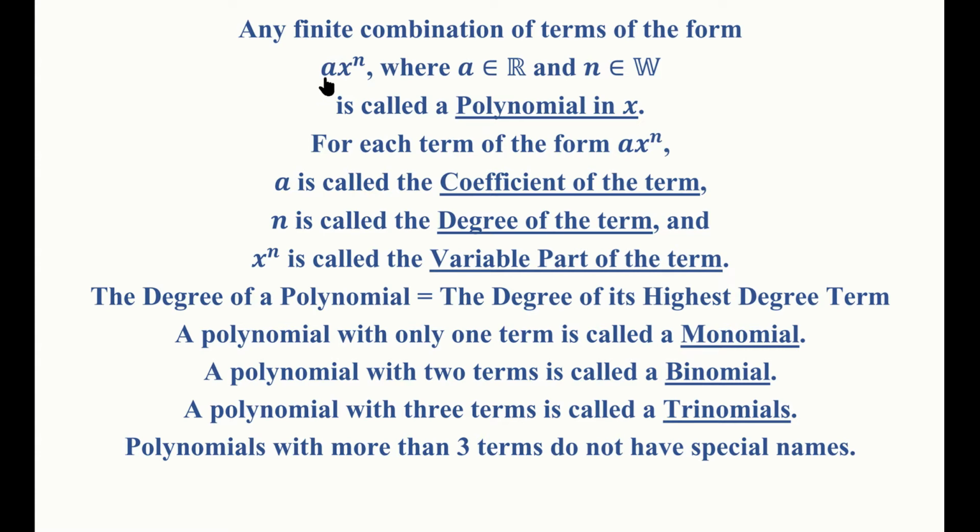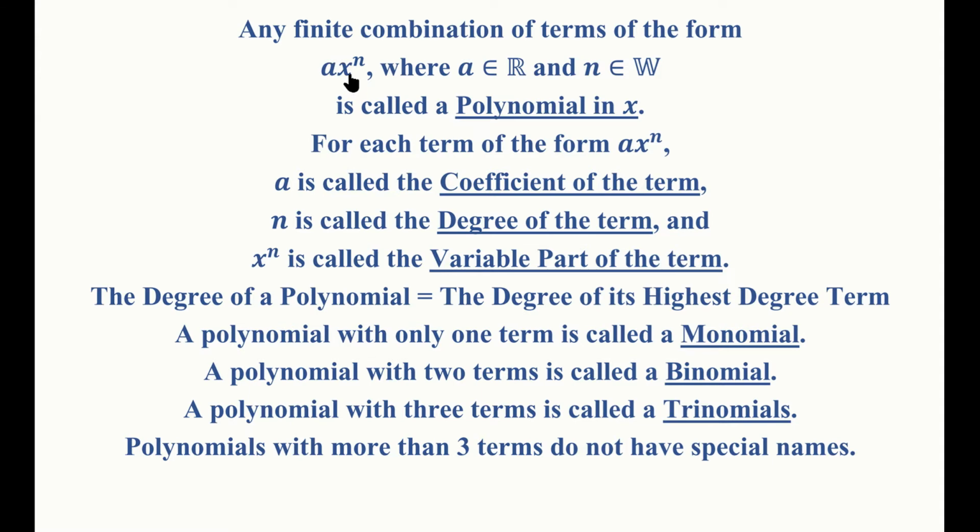So we have a constant a, which can be any real number. This notation here means a belongs to the set of real numbers. So the coefficient is the name for that number, and it can be any real number times some power of a variable.